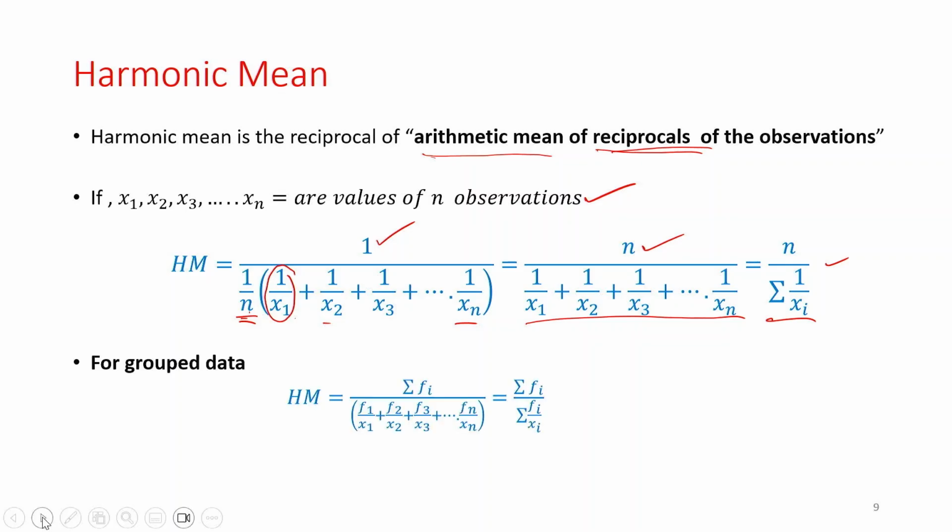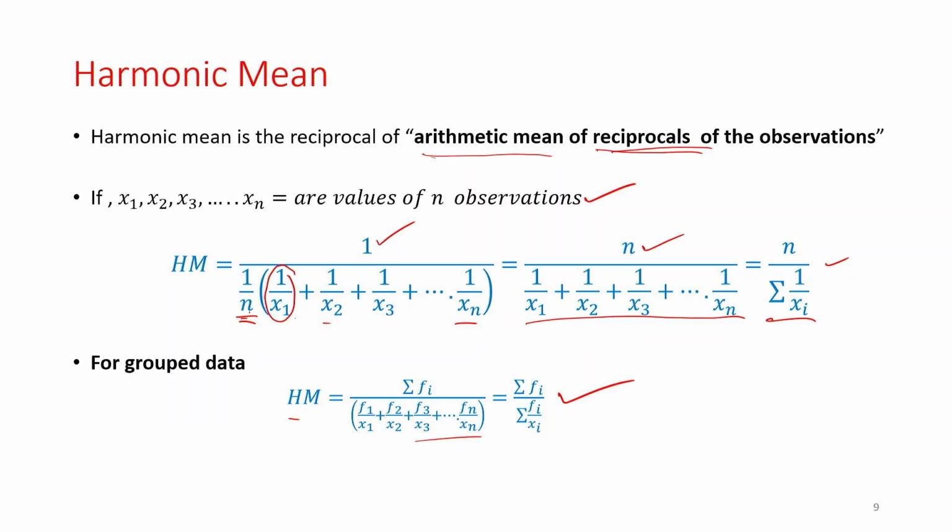If the data is grouped, which means there is a frequency, the frequencies of this data x1, x2, x3 are f1, f2, f3, fn. There may be situations where we will have grouped data. In that case, this is how we calculate the harmonic mean.